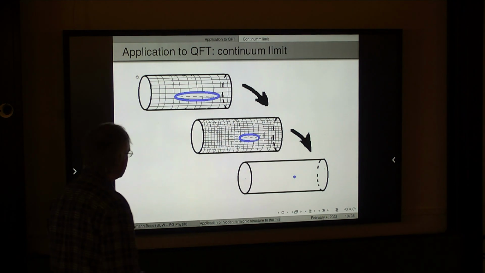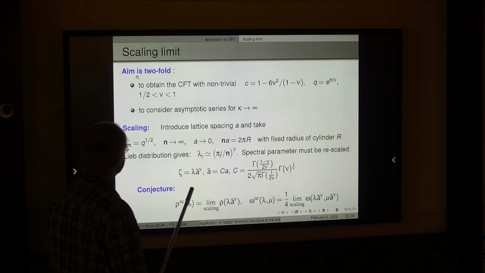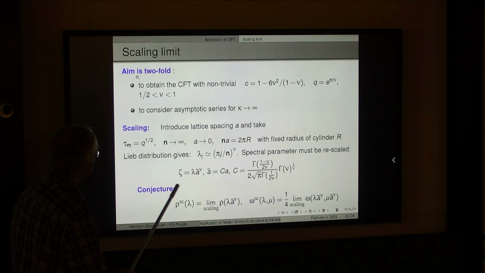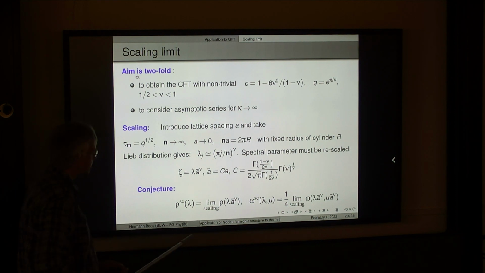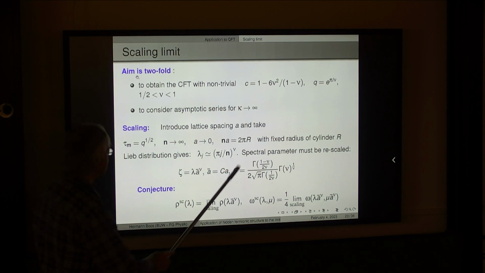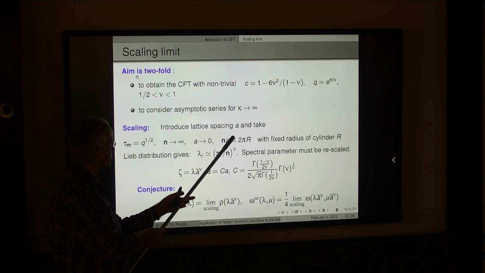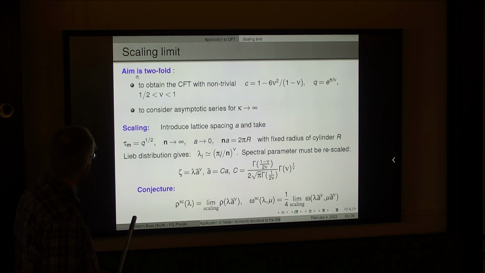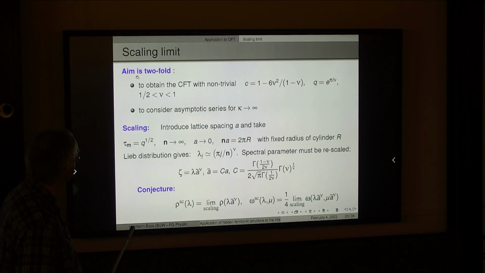More precisely, we introduce spacing a in such a way that the product of n and spacing is 2 pi r. R is the radius of the cylinder, and this radius will be kept. It means that n goes to infinity, a goes to 0 in this way.